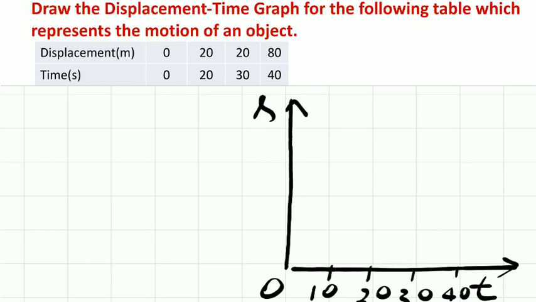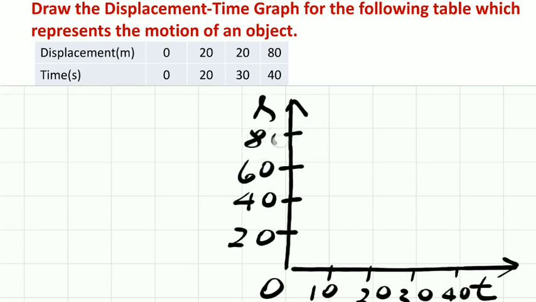In case of displacement, it is given 0, 20, 20, 80. It means it is the multiple of 20. So we need to make the multiple of 20. 0 plus 20 becomes 20, 20 plus 20 becomes 40, 40 plus 20 becomes 60, and 60 plus 20 becomes 80.